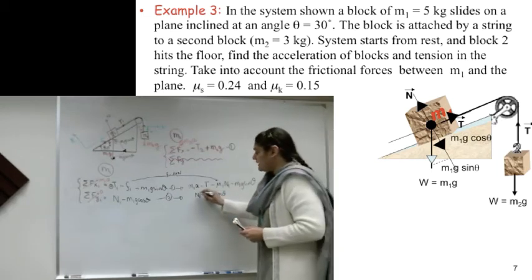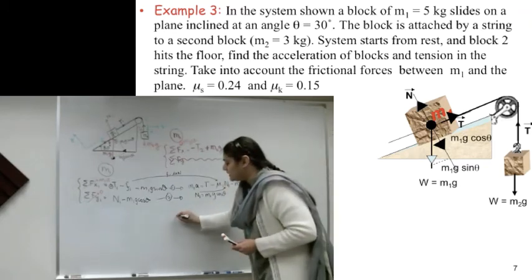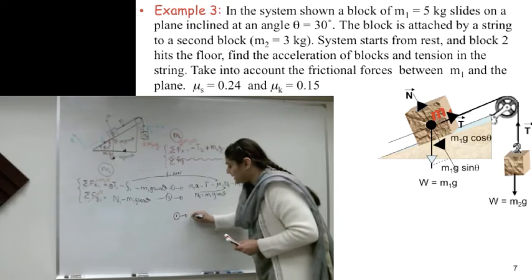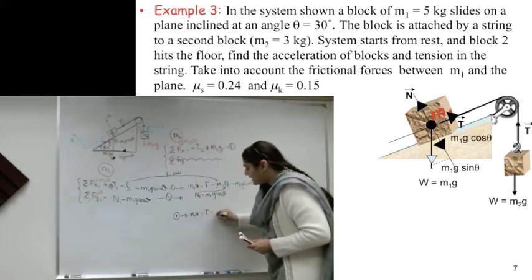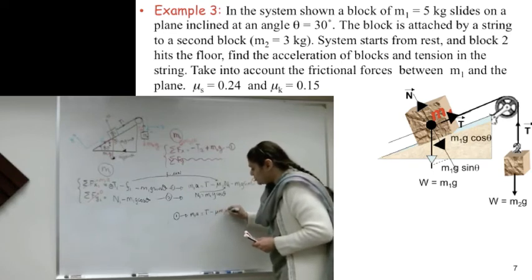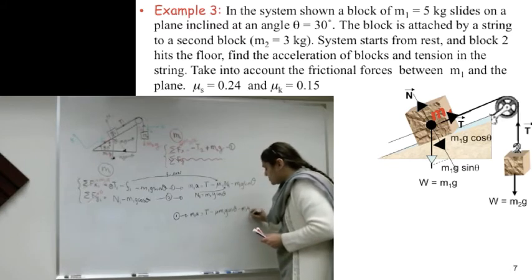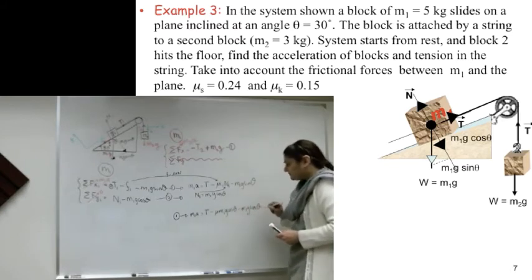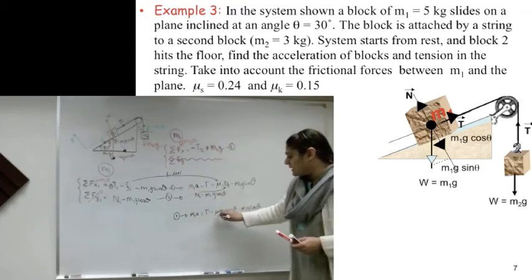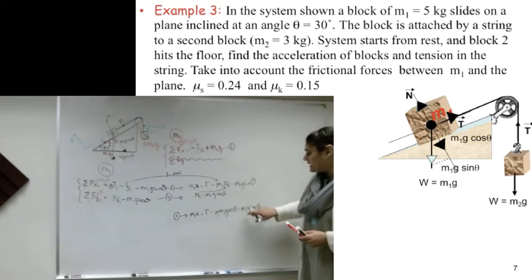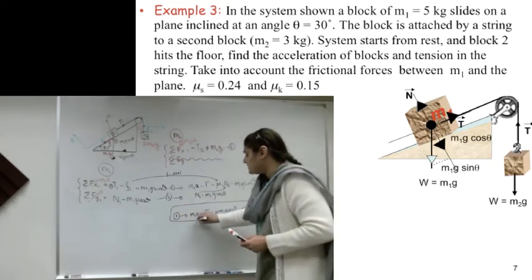So I can plug this value into here. So my equation 1 will now become M1A equals T minus mu M1G cosine theta minus M1G sine theta. Am I missing anything? I have an M1A, I have a T, I have a mu1, M1G cosine theta, M1G sine theta. Good. So this is a good equation.